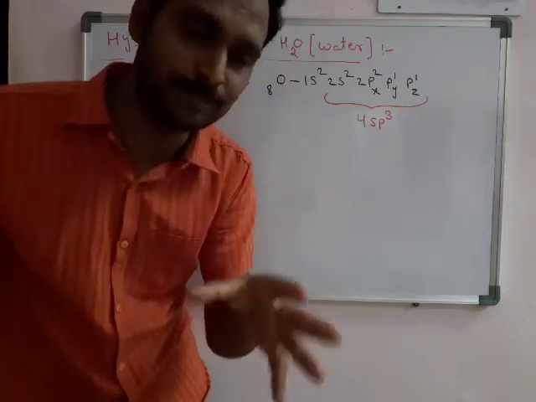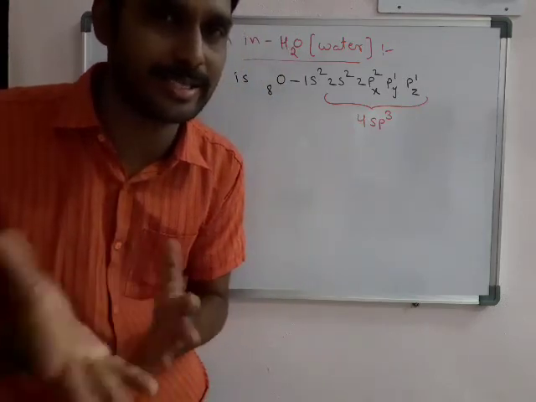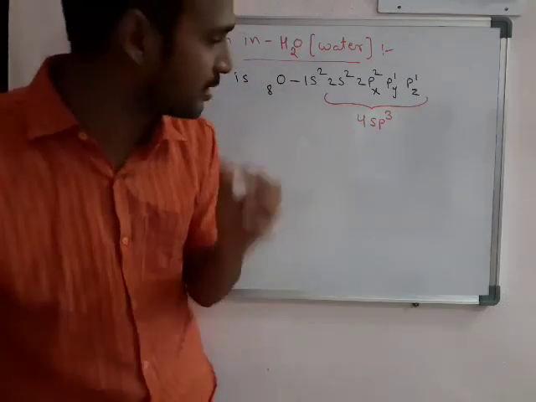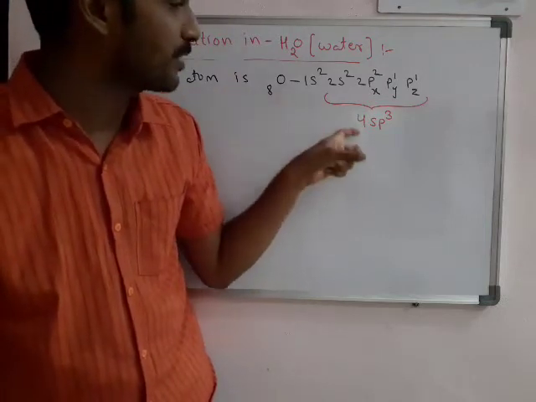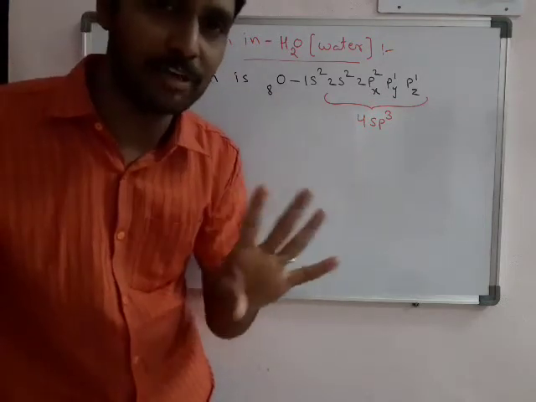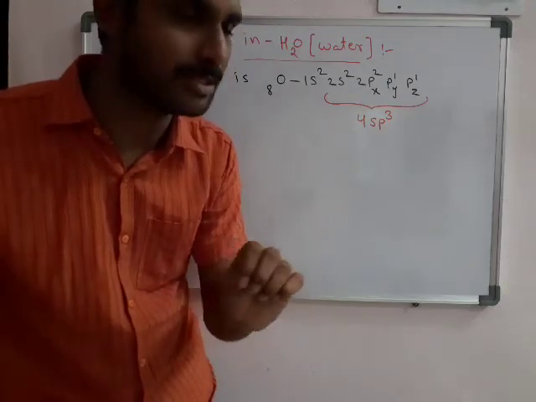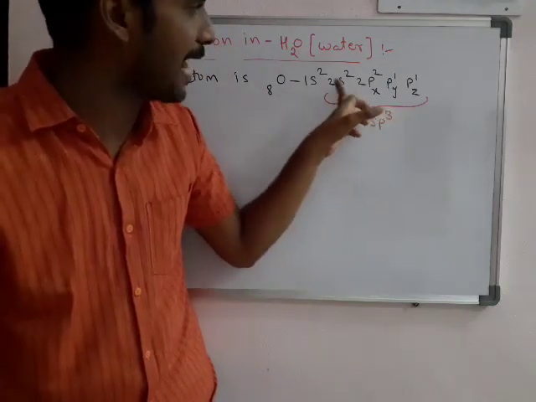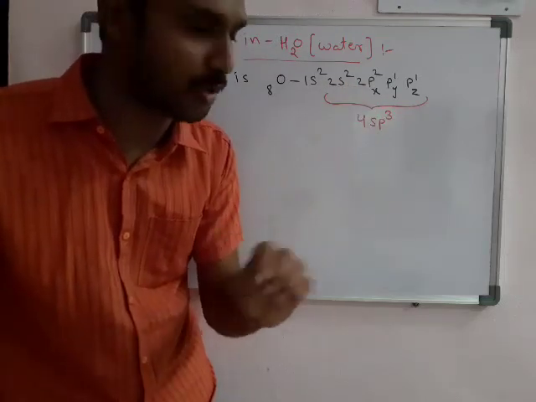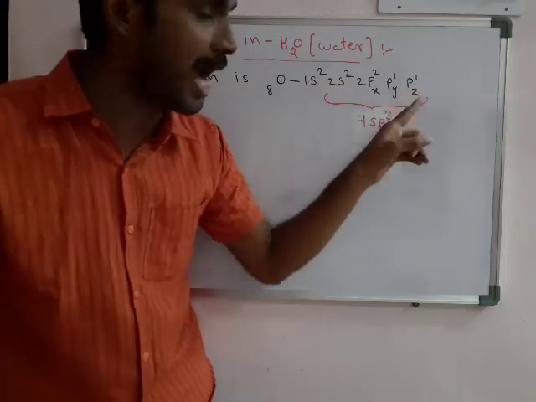After hybridization, the electron arrangement is exactly the same. Now oxygen is involved in sp3 hybridization and forms 4 sp3 hybrid orbitals. Of the 4 sp3 hybrid orbitals, 2 have lone pairs of electrons and 2 have unpaired electrons.